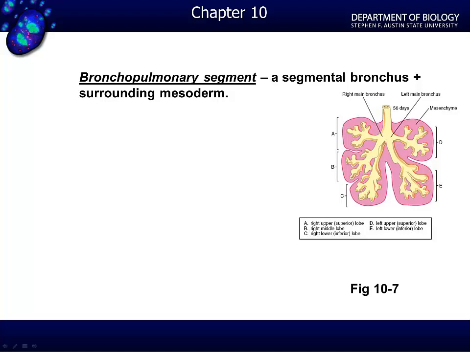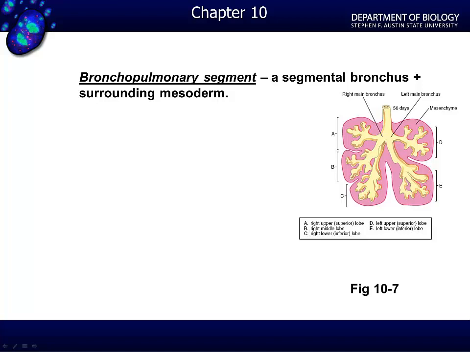Now, if we look at that segmental bronchus, that tertiary that we just talked about, plus the surrounding mesoderm and the lung tissue that forms all of these elements, then we can refer to that as a bronchopulmonary segment. These are going to be isolated one from the other.